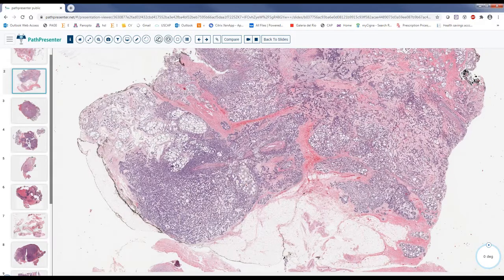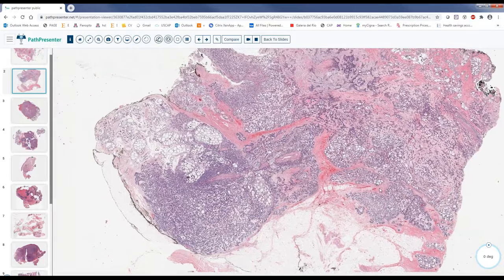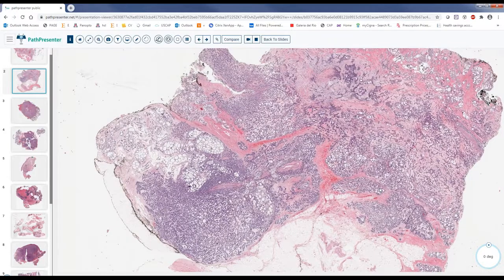It looks like an adenocarcinoma by definition, but it has different criteria, and you have to know these criteria, or at least be familiar with the criteria for differentiation or grading the adenoid cystic carcinoma.